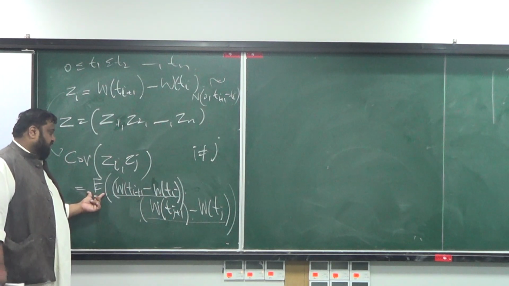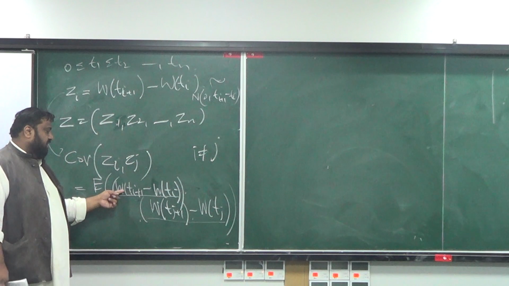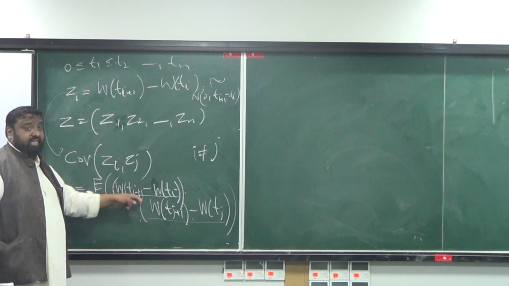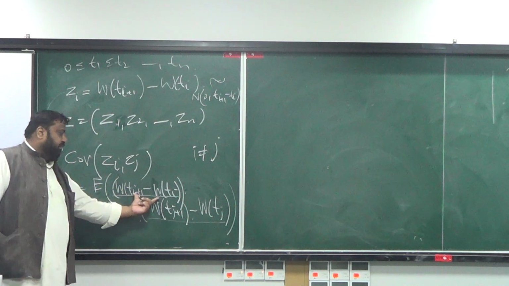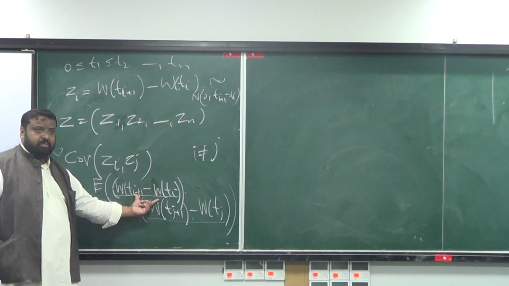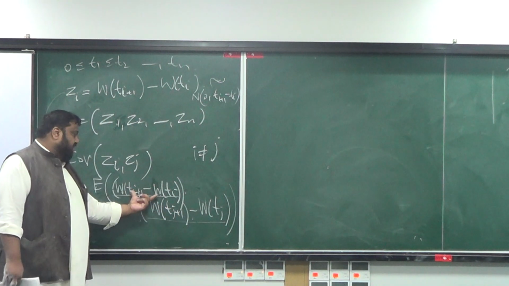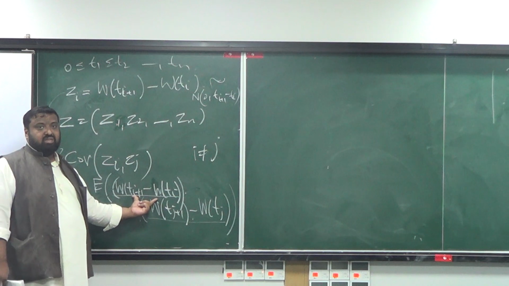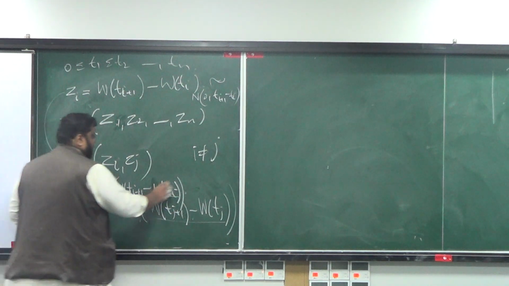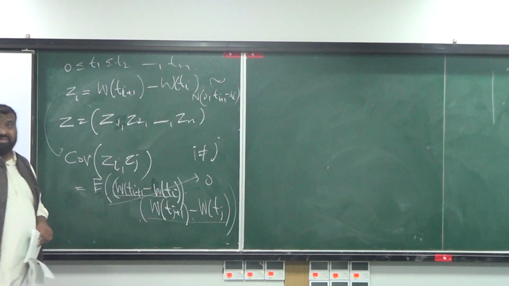The expectation of the product of increments is the expectation of this increment multiplied by the expectation of that increment. And the expectation of each increment is 0. So this must be 0.